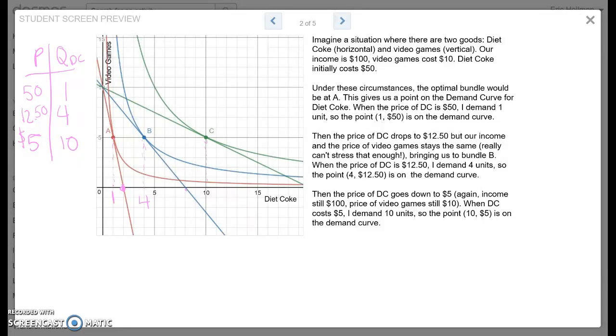And that would generate the demand curve. Because remember, on a demand function, it's price on the y-axis and quantity on the horizontal axis. So I'm just finding points that are on the demand function here by changing the price of Diet Coke. And on the next slide, we actually have that graph.